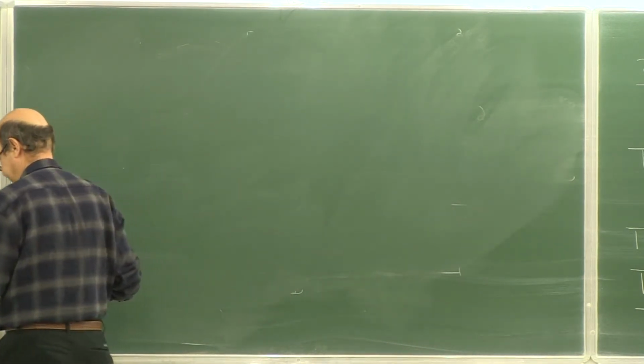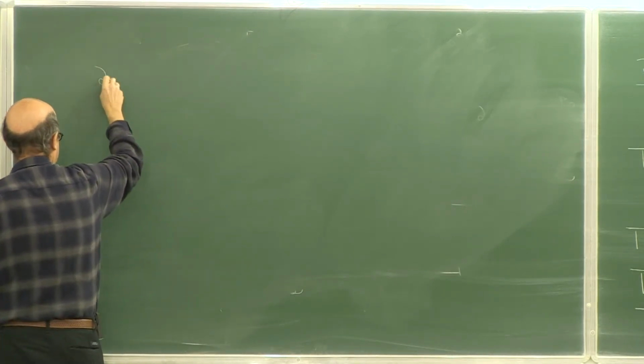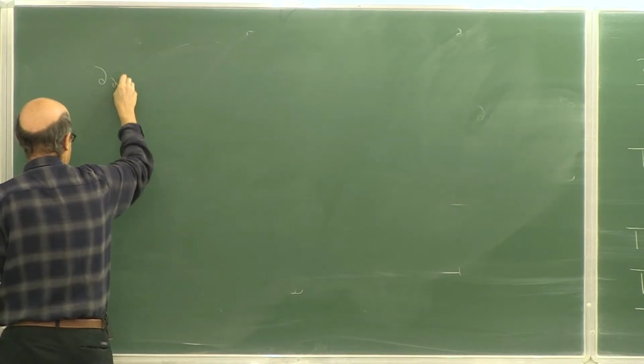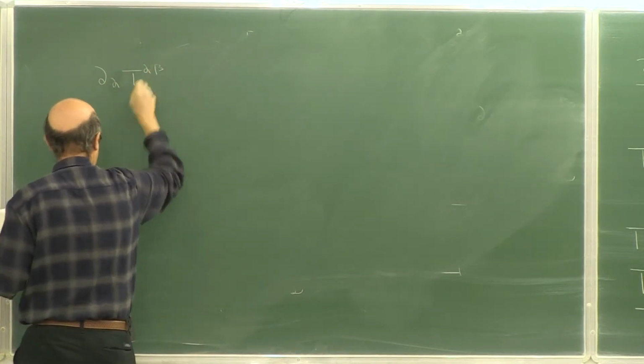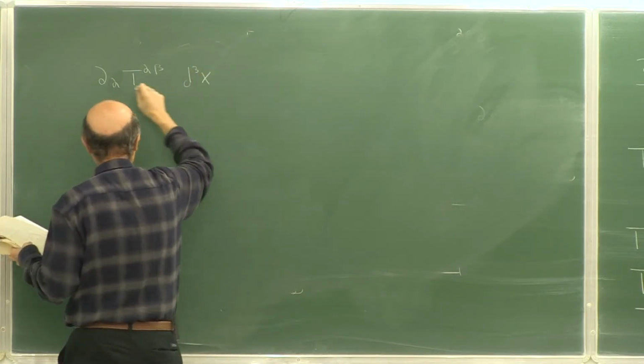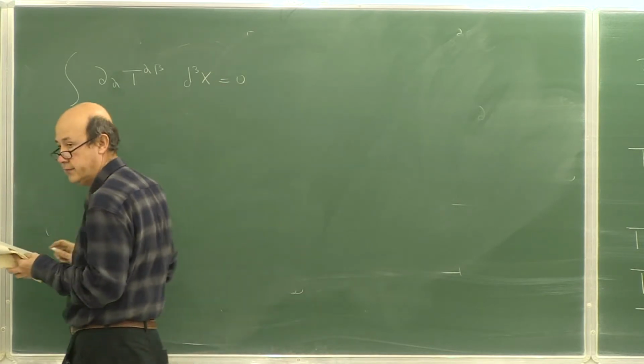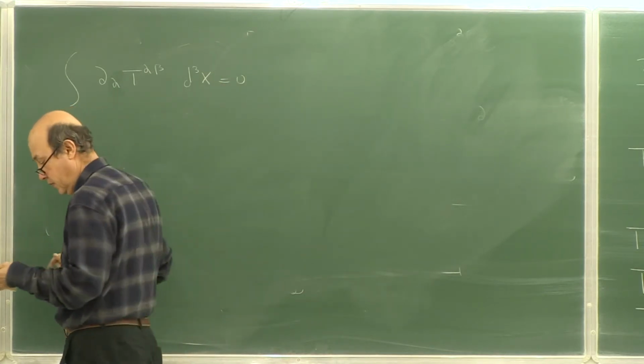Take this equation. I know that that is equal to 0. Multiply by the volume element of the space and integrate. Not 4 dimensions, just the volume.